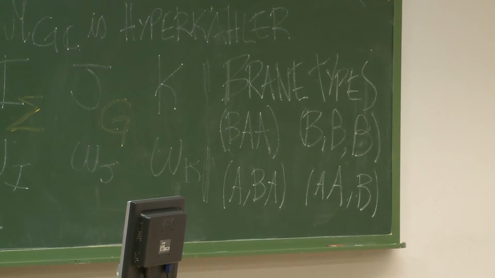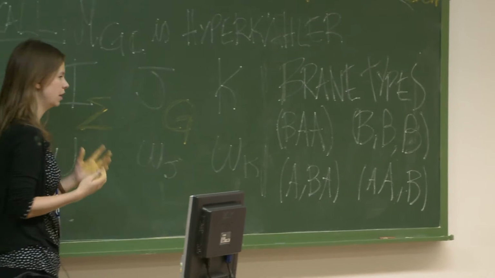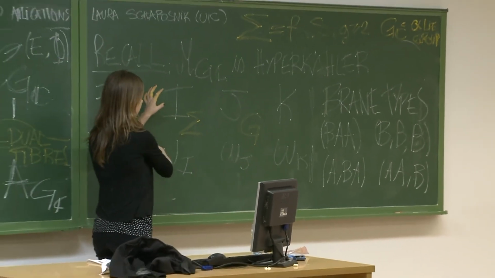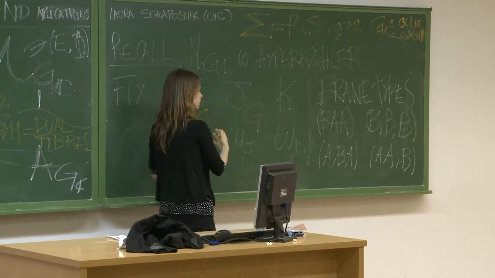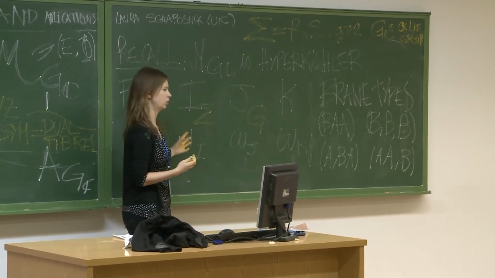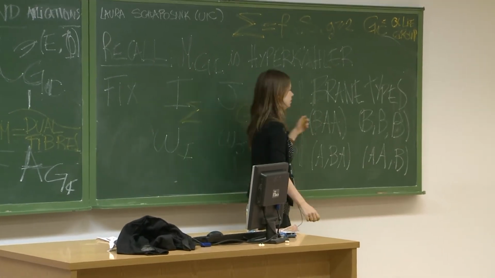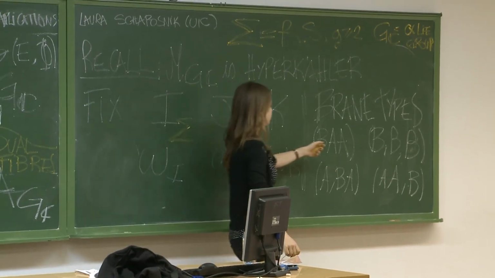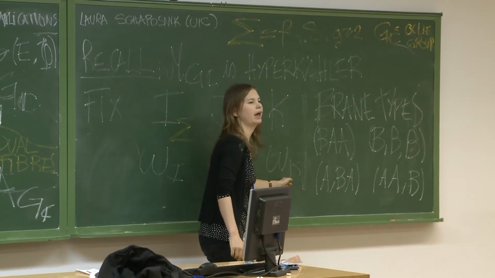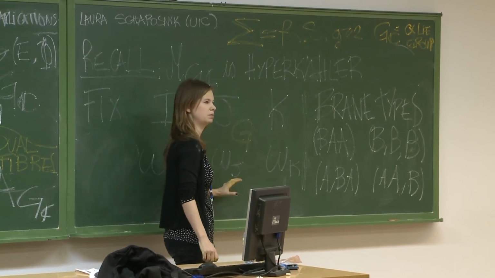In your favorite hyperkähler moduli space, you'll fix complex structures, your favorite ones, and you'll fix symplectic forms, and then you ask, is a space Lagrangian or complex with respect to any of the structures? BAA will mean that it's a complex submanifold with respect to the structure coming from your Riemann surface, but it's Lagrangian with respect to omega J and omega K. So it's Lagrangian with respect to the structure coming from the group that induces the symplectic form.